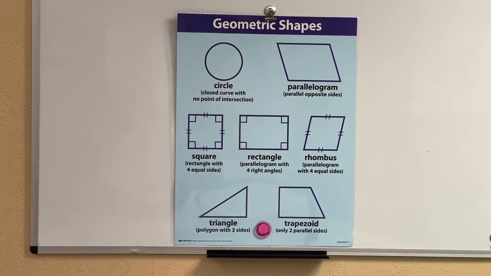A rectangle is a parallelogram with 4 right angles. A rhombus is a parallelogram with 4 equal sides. A triangle is a polygon with 3 sides. And a trapezoid has only 2 parallel sides.